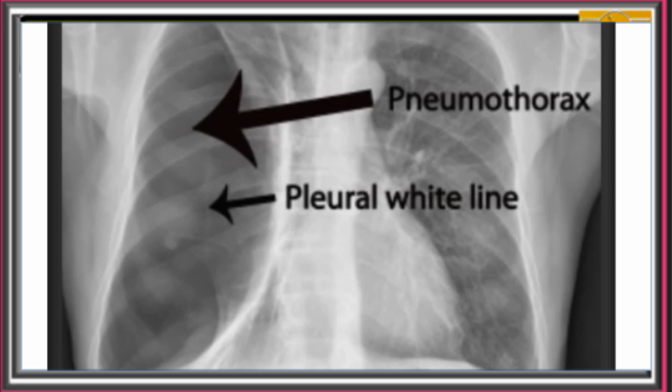Now, stab wounds on the thoracic wall may pierce the parietal pleura so that the pleural cavity is now open to the outside air, and this type of pneumothorax is called open pneumothorax.